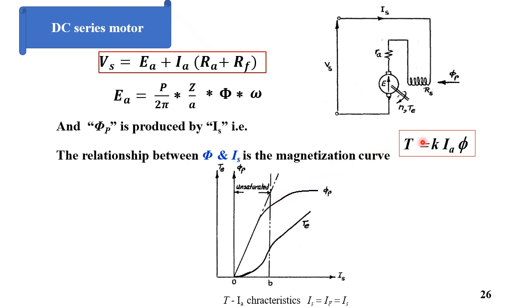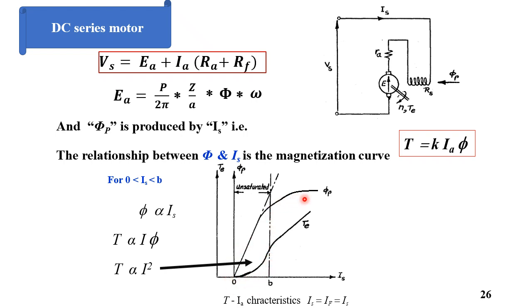We have torque equals K times IA times phi. For the torque, at the first part, phi is proportional to IS, and the torque is proportional to IS times phi, and phi is proportional to IS. Then the torque is proportional to I squared. So in the first part, from 0 to B, the torque is proportional to I squared, which is a parabolic relation.